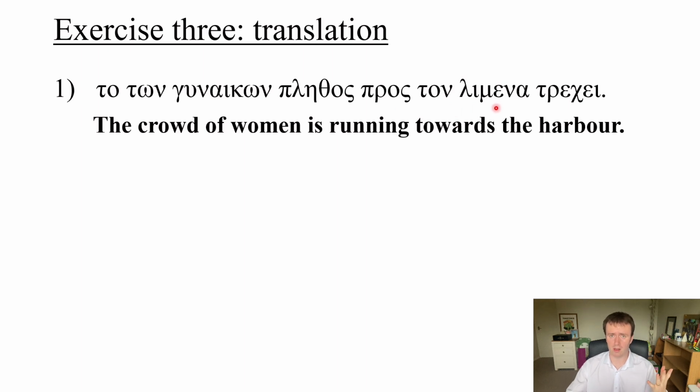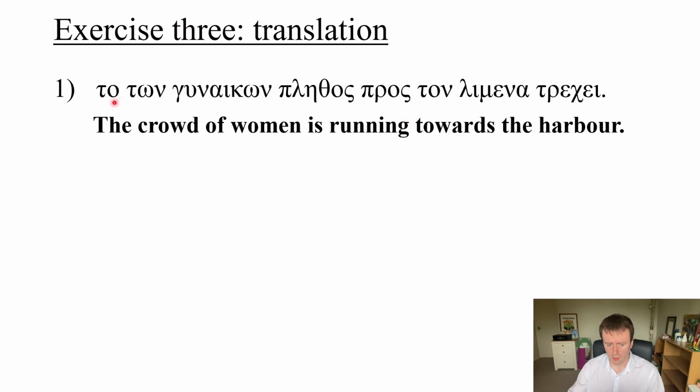We know limen is harbour, and we know from the ending here, added on to the oblique stem limen, and from the masculine accusative singular definite article, that this is in the accusative. And it must be in the accusative. What we do need to check though is the number. We know it's singular both from the ending and from the definite article. So this must mean towards the harbour, singular.